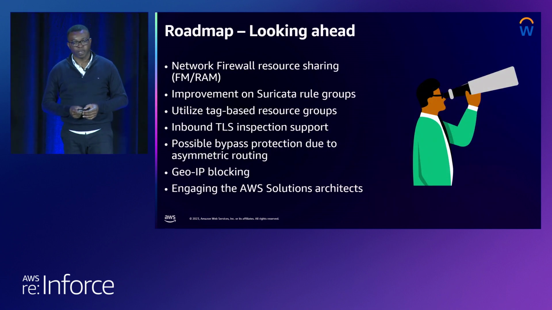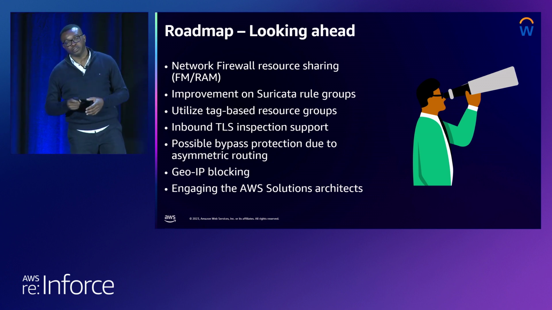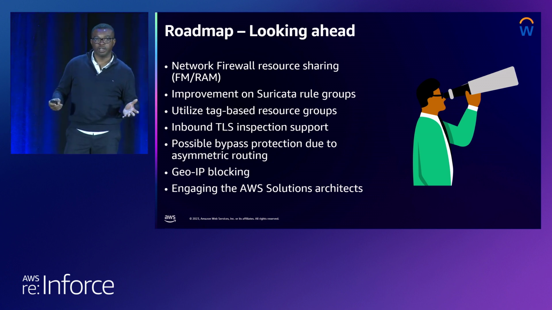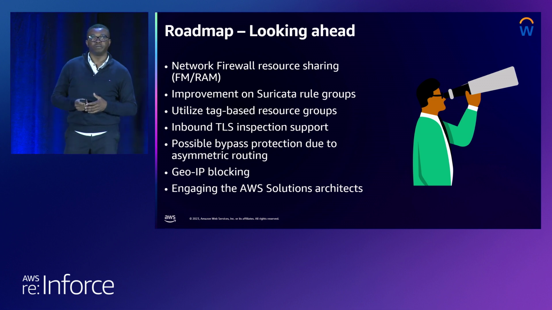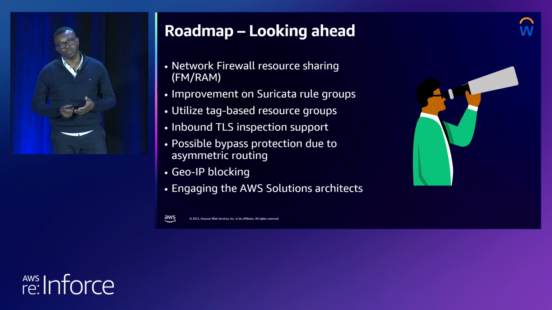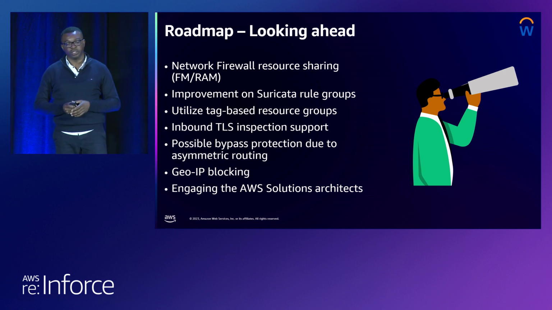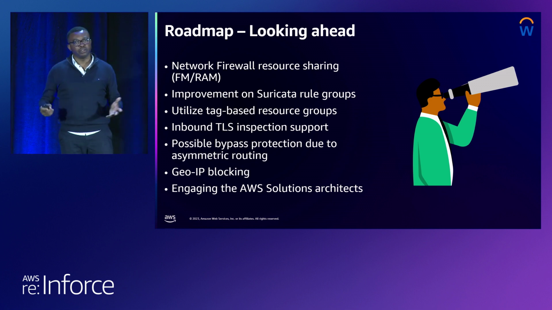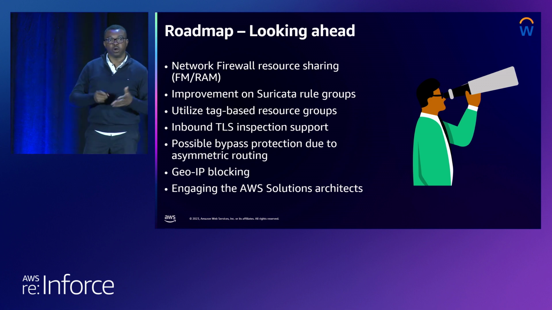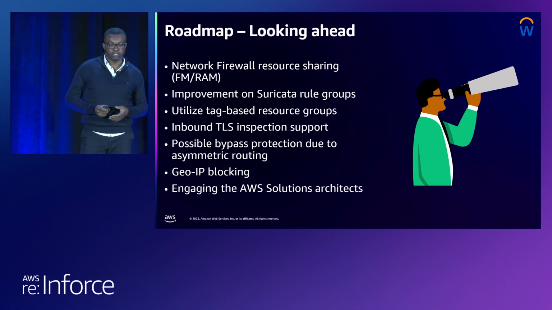Going forward, we are currently using the AWS Firewall Manager and the Resource Access Manager to share rule groups and policy within our organization. The idea is that we have this as a single source of truth for all environments, all our deployments within the organization. And in case of a 0-day, for example, we could enforce policy to all the network firewalls deployed within the organization.